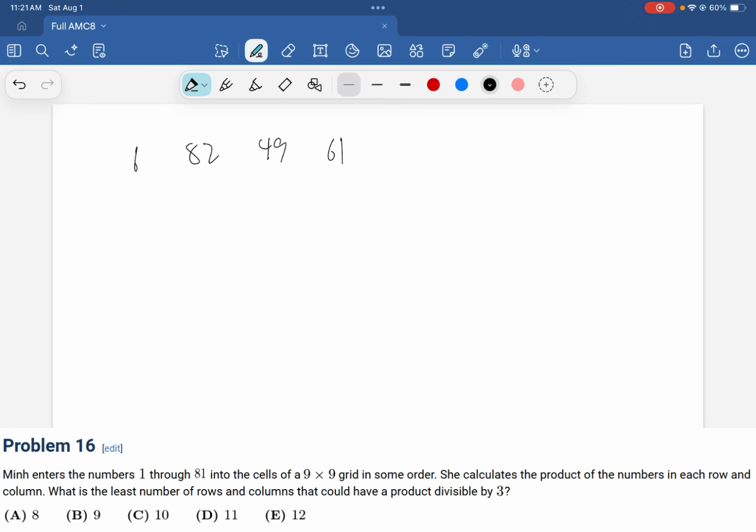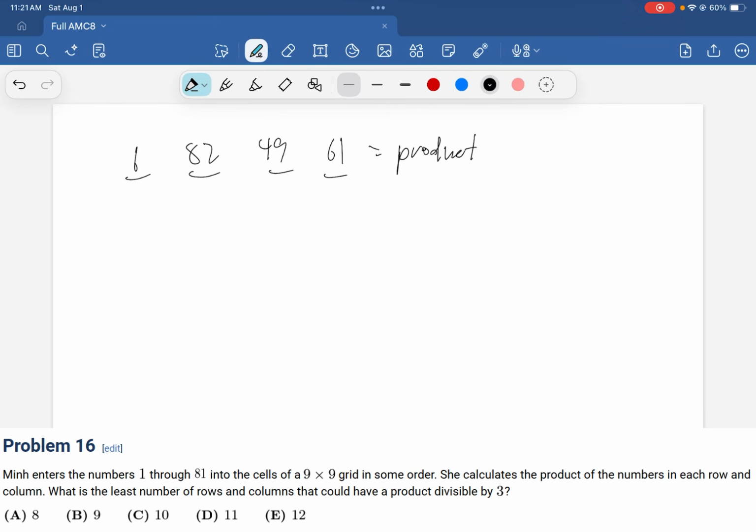If you take the product of them, if a single one of these numbers is divisible by 3, then the product must also be divisible by 3. So we want to minimize the number of rows and columns that contain at least one multiple of 3.